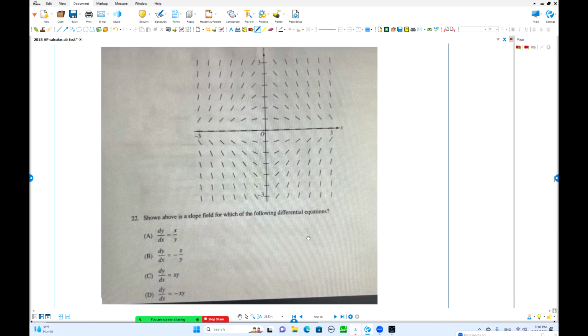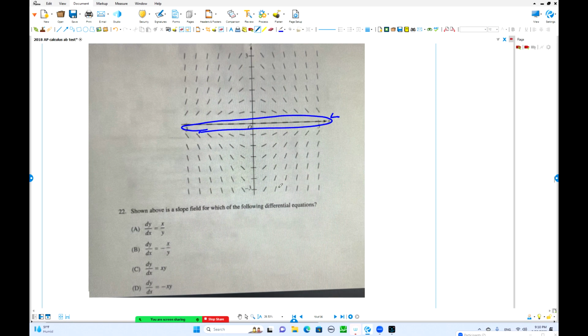Now let's find which one is the slope field's differential equation. First of all, in the middle, when y equals 0, the slope is all 0, right? They are all 0.